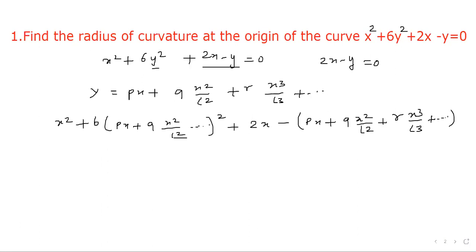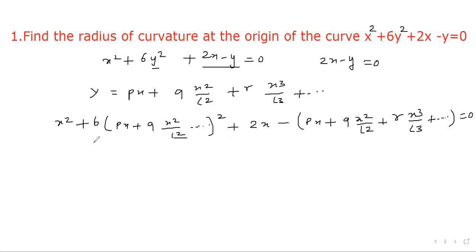Now, what we do, we find the terms containing x, means the coefficients of x, x squared, x cubed, etc. And they will be equated from both sides. Since on the RHS it is 0, it means they will be 0.